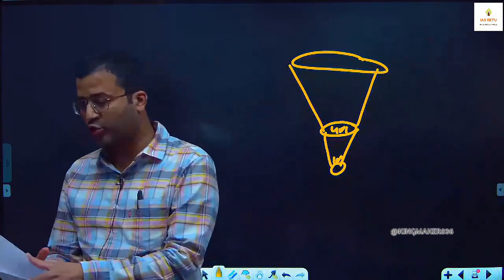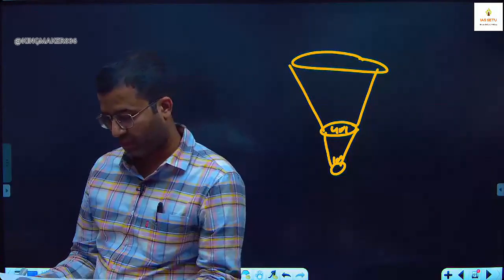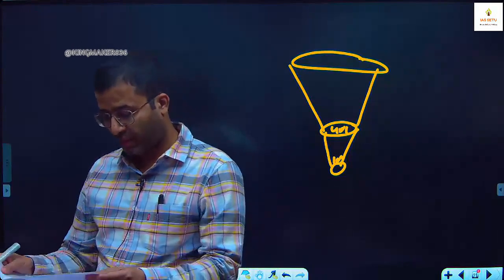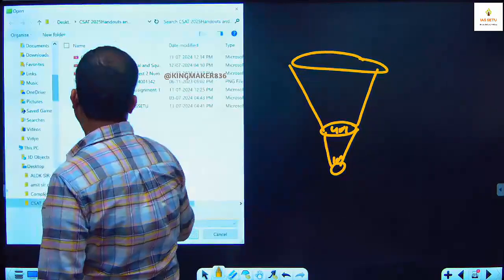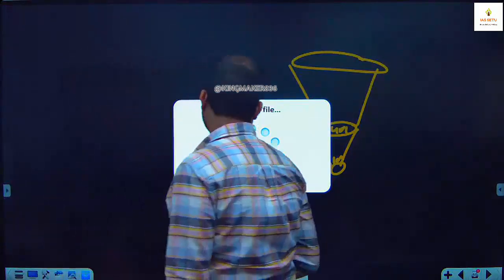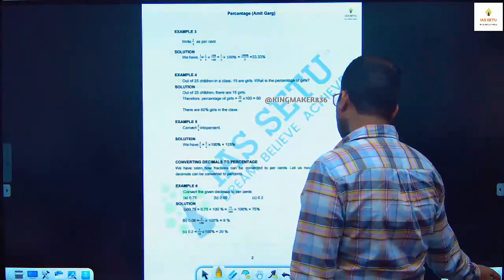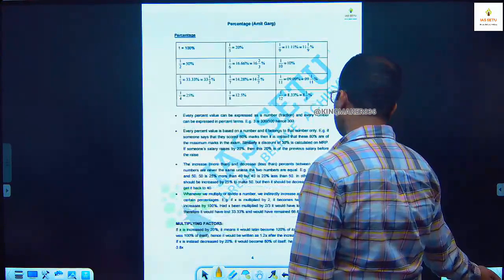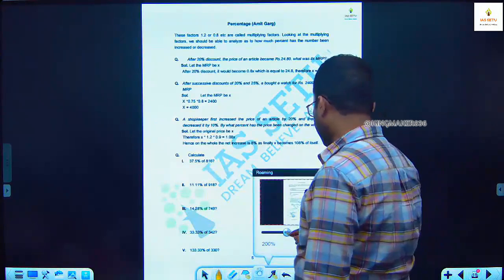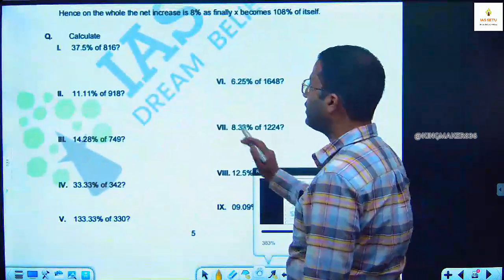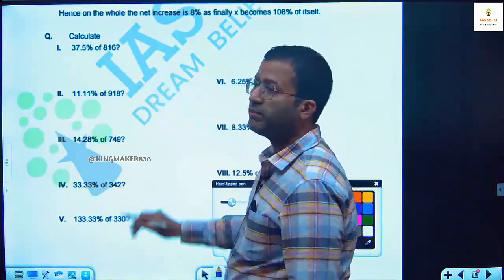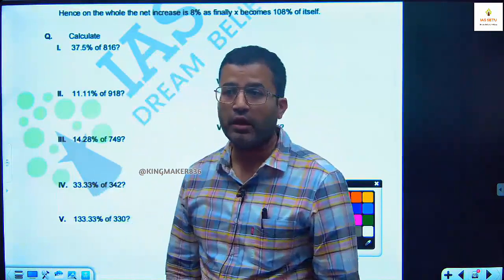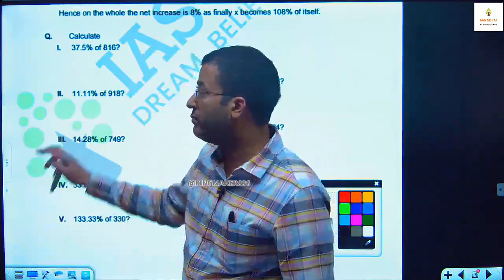Fine, you got this handout? The starting 2-3 pages are the basic idea. If you have time, you can read it. Page number 5, 6, 7. We have uploaded this handout on the portal for online students. On page number 5, 6, 7 you will find I have given some calculations. 37.5% of 860. Believe me, no one will give you 2.5 marks for this calculation.